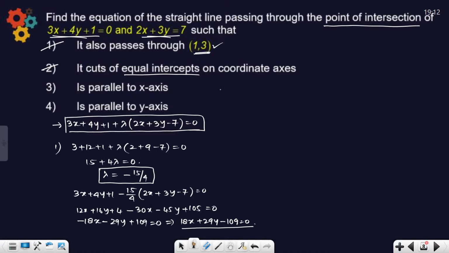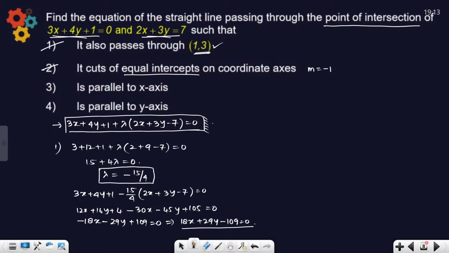You have all forgotten, or you have not revised that. When it is of equal intercepts, the slope is -1. Slope is -1. Okay? So here, this is the family of lines. So what is the slope of this line?